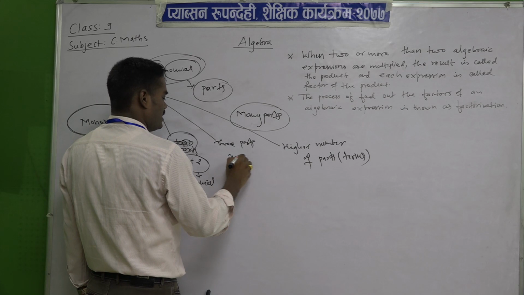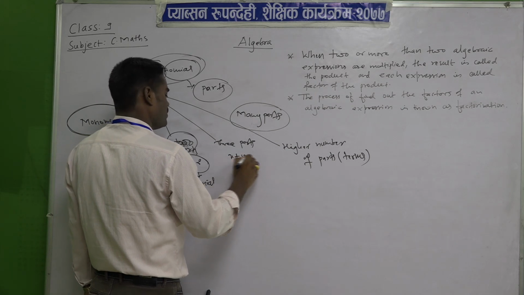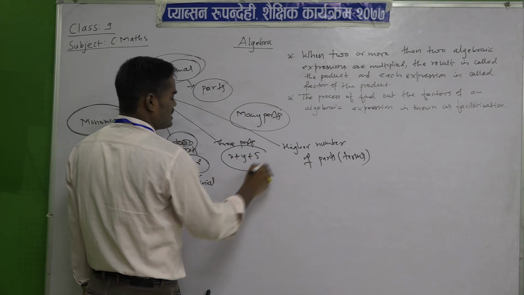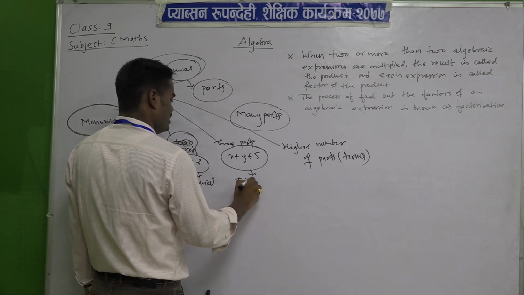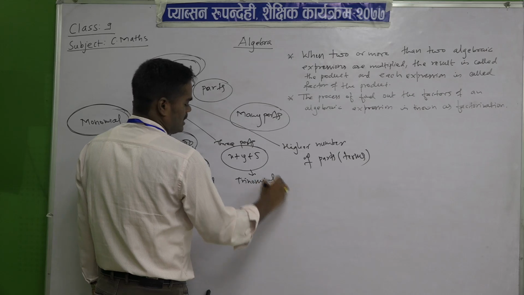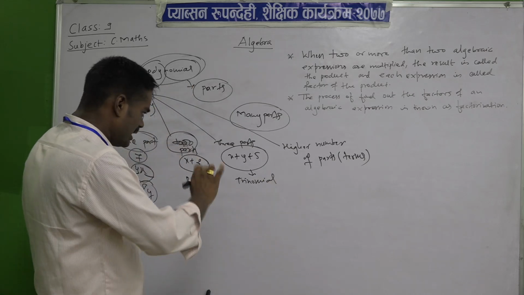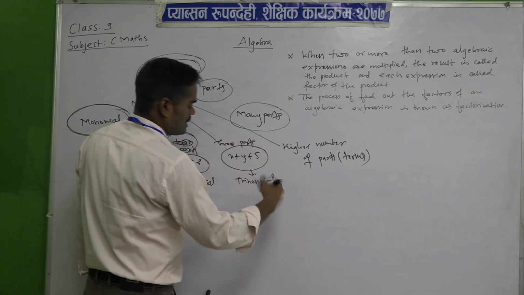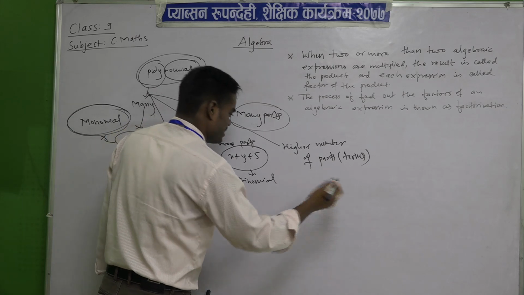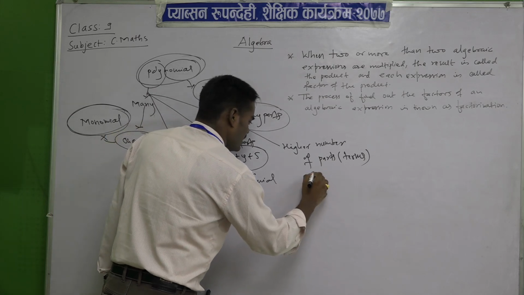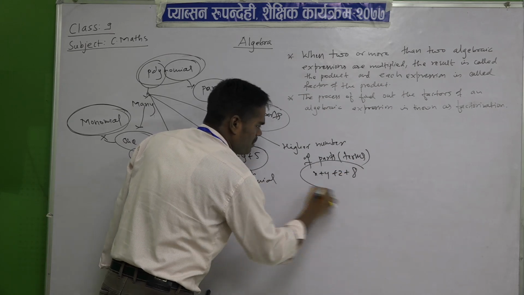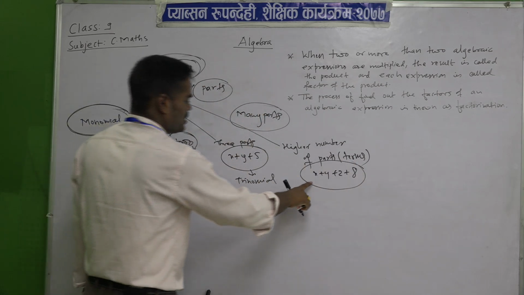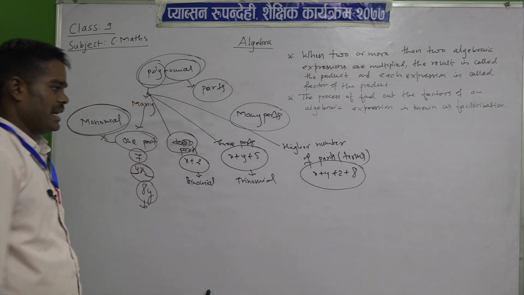And if there is x plus y plus 5, how many parts are here? Three terms. This is known as a trinomial expression. If there are more than 3 parts, like 4 terms, 5 terms, 8 terms, like x plus y plus z plus 8, how many parts are here? 4 parts. This is known as a biquadratic expression.